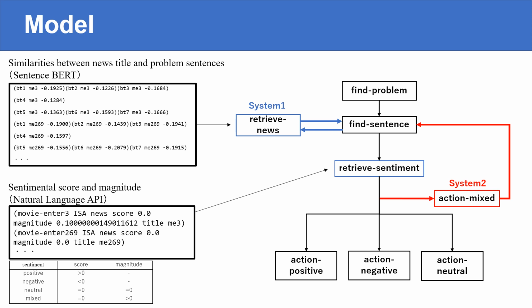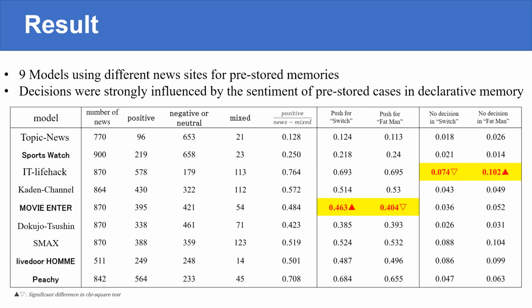And in the end, the model makes decisions based on sentiments derived by the retrieved cases. If the sentiment is mixed, it starts to read the text again and rethinks, which we describe as an intervention of System 2.